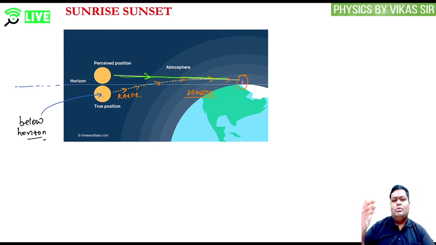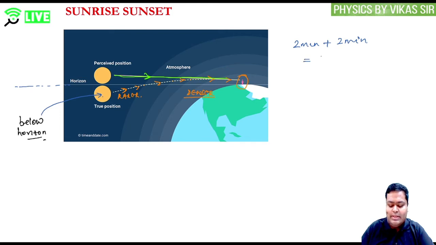He will feel that the sunrise has happened, but actually the sun is still below the horizon. So this happens for around 2 minutes in the morning, and also for 2 minutes in the evening, because of which there is a 2-minute increment in the morning and a 2-minute increment in the evening. So the duration of the day because of this phenomenon increases on an average by 4 minutes per day.